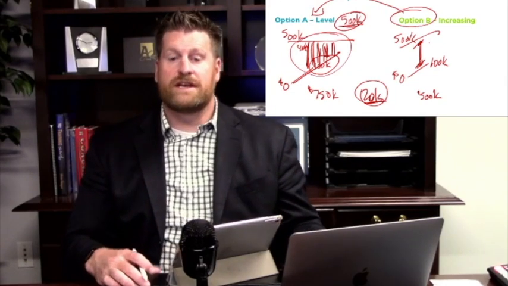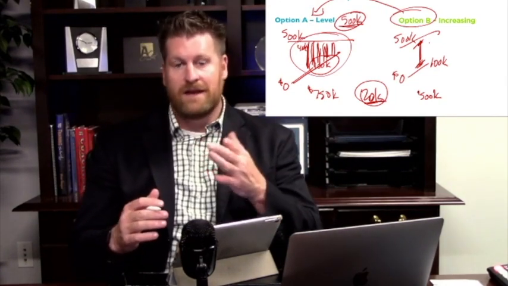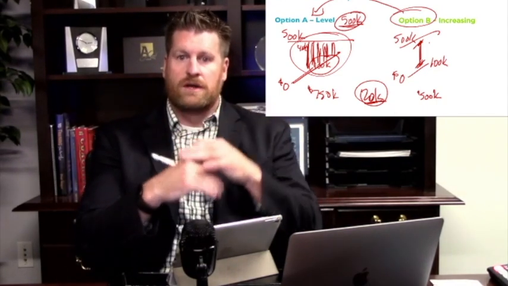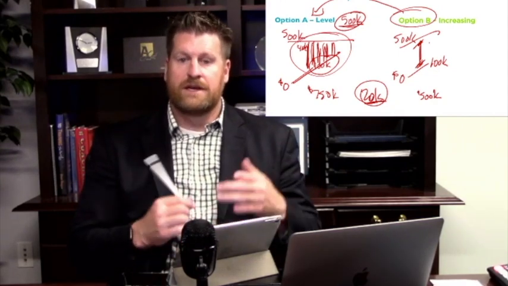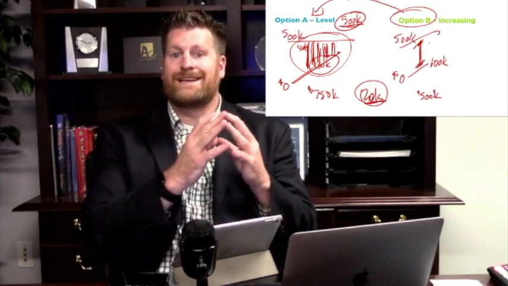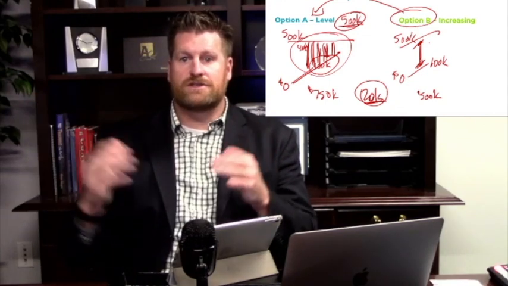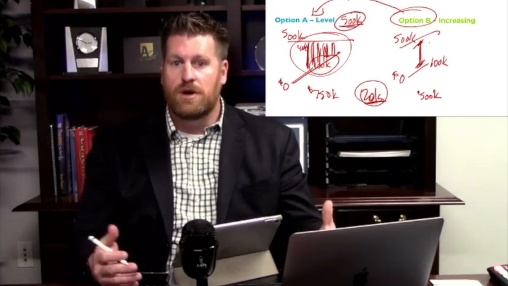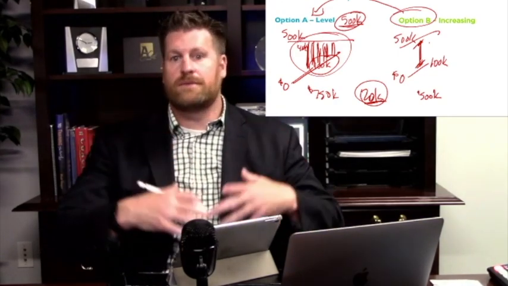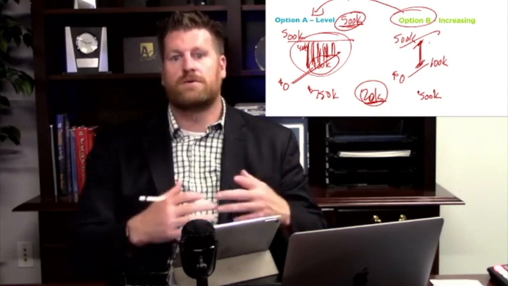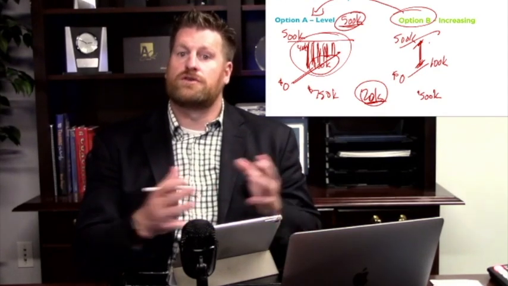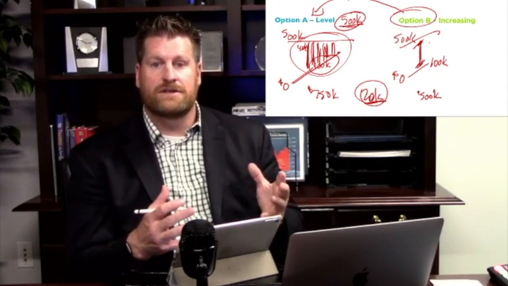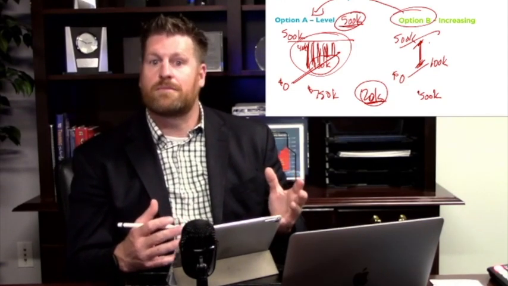In a scenario where you paid in until age 65, at 65 you can switch to option A, reduce your overall net amount at risk, and maintain a much lower cost of insurance in those later years, which is usually when it's promoted that the costs get crazy, the policy implodes and eats up your cash value. If you're using these two death benefit options in combination, you won't have that same kind of problem.